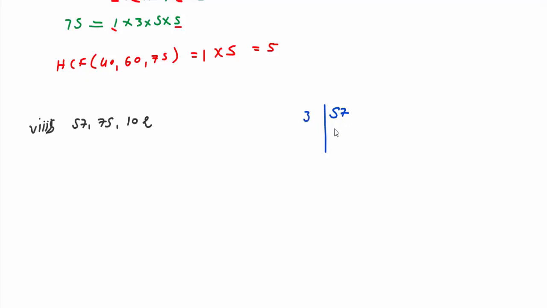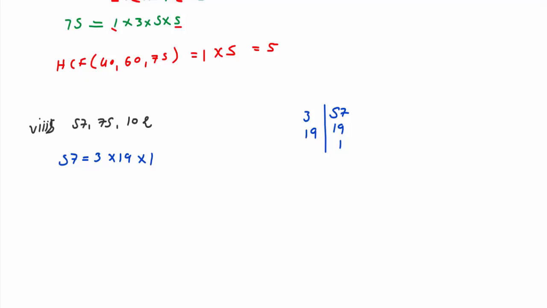So 3 1s are 3, 2 is remainder, 3 plus 2 is 5, so this becomes 27, 3 9s are 27, and here we have 19. 19 is a prime number, so this will come in its own table. 19 1s are 19. So 57 equals 3 multiply by 19 multiply by 1, or 1 multiply by 3 multiply by 19. You can write any number in any place. All the multiplication should equal 57.